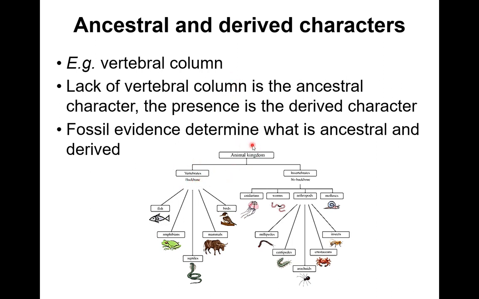How do we know about that? Well, you can do that by looking at old fossils that do predate vertebrates. If you look at very old fossils, you see that none of them would have the vertebral column, therefore pointing to the fact that early organisms were invertebrates, did not have it, so the ancestral character was the absence of vertebrae and the vertebral column, and the derived character is the presence of vertebrae and the vertebral column.